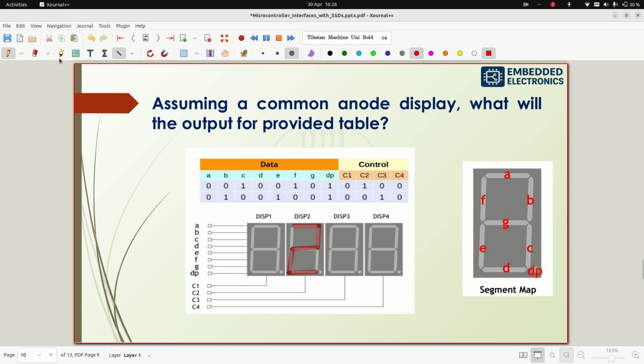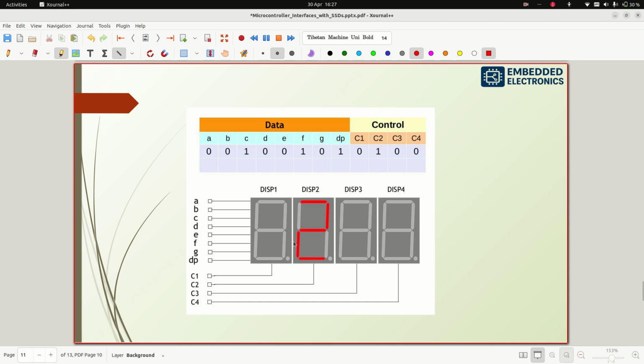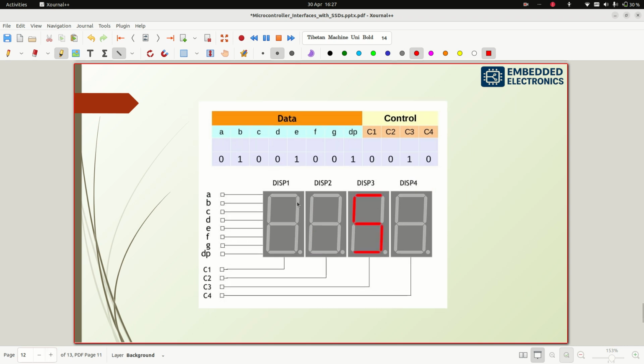So A is high, B is low, C is high, D is high, E is low, F is high, and G also high, and DP is low. So see here, this is 5, right? So here you can see this is 2 and this is 5. C3 is high, that's why it is 5.